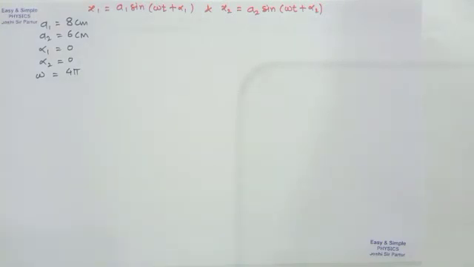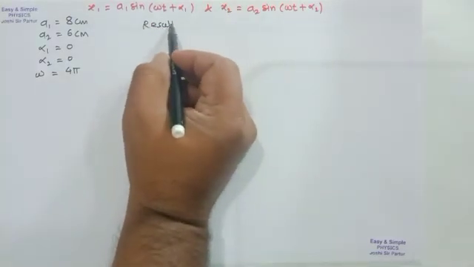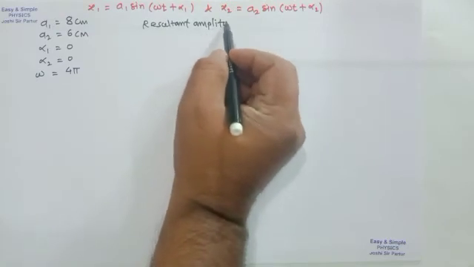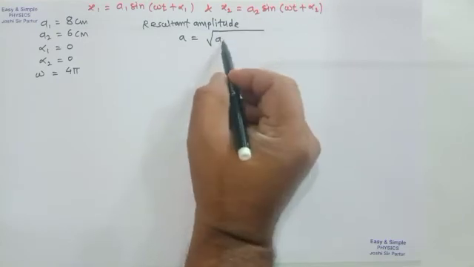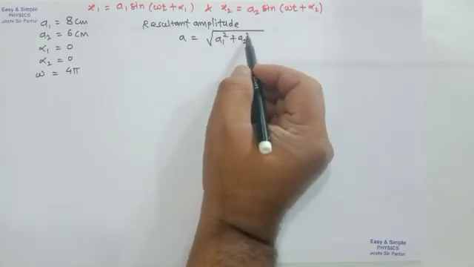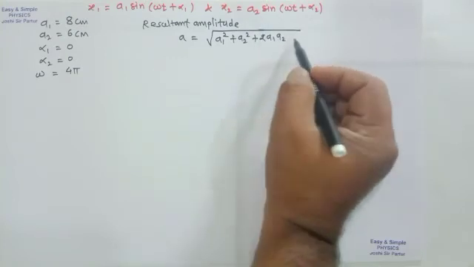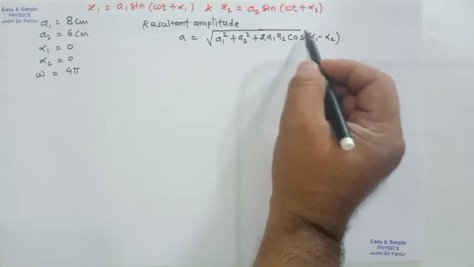By comparing, we can find out the resultant amplitude. A is equal to the square root of a1 square plus a2 square plus 2 times a1 a2 cos of (alpha 1 minus alpha 2).